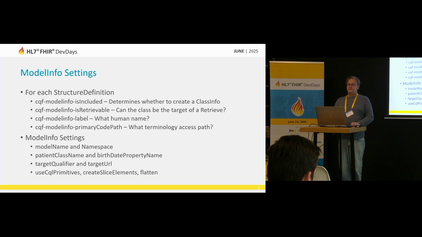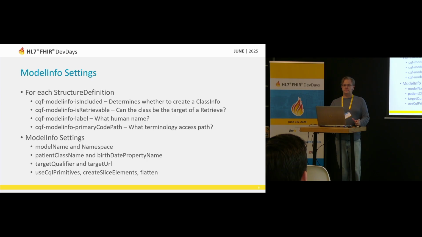And what that'll do, in addition to the defaults that it just looks up out of the structure definition, we can actually put extensions onto structure definitions to kind of guide this process. So we can say whether or not it's included. Let's say we have a profile that we don't want to come out at all. We can just say exclude that.